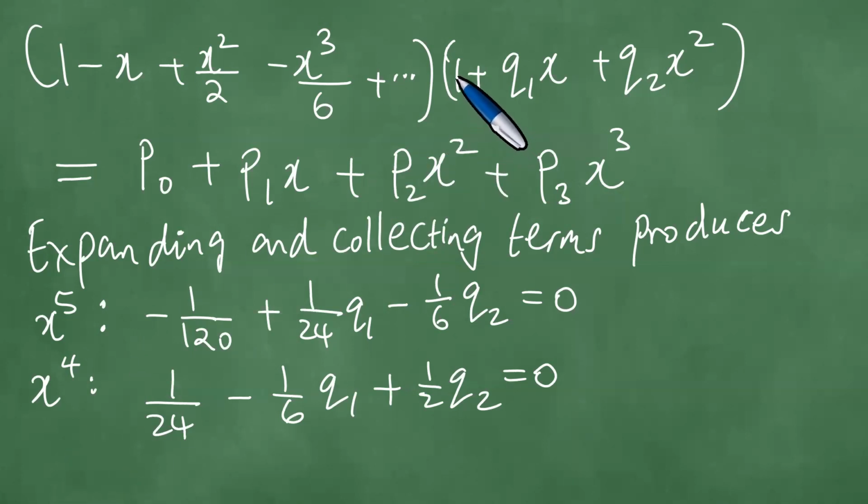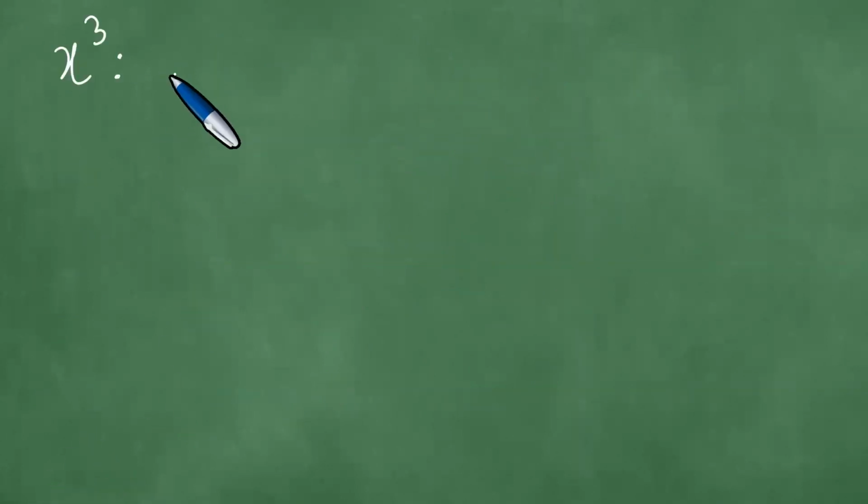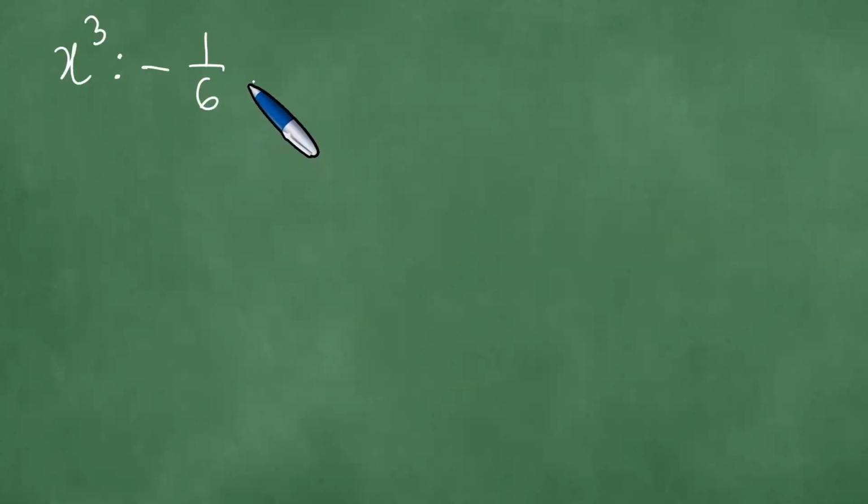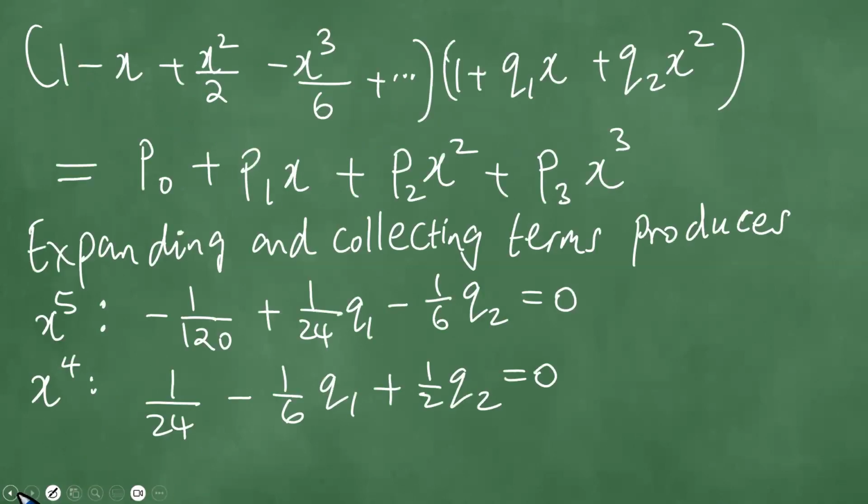So x cubed is going to rise if you multiply 1 with minus x cubed over 6. So there's going to be a minus 1 out of 6. Okay, that's going to give us an x cubed, but also x cubed is going to rise when you multiply q1 with the x squared over 2. So there's going to be a plus q1 out of 2.